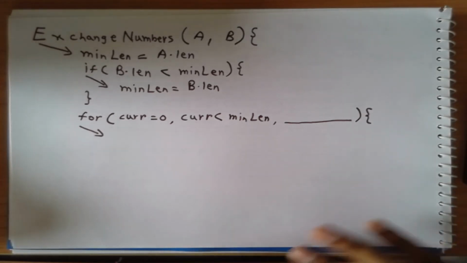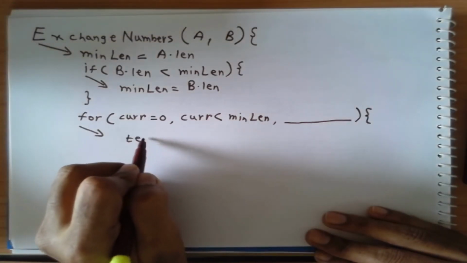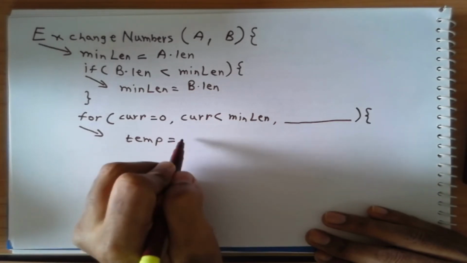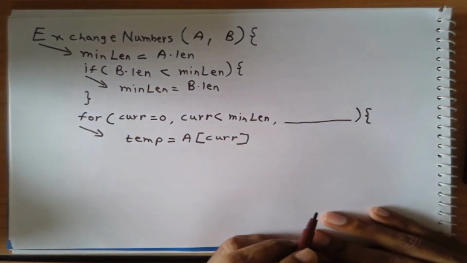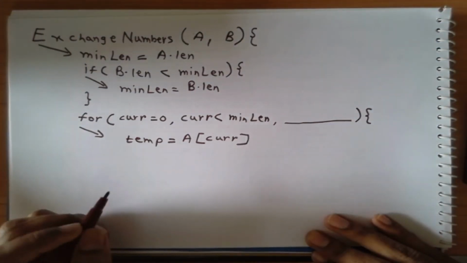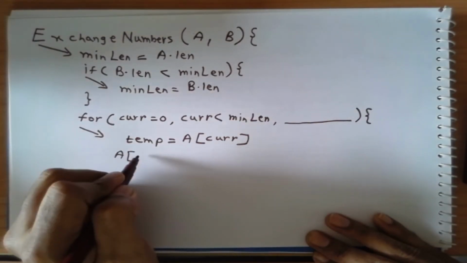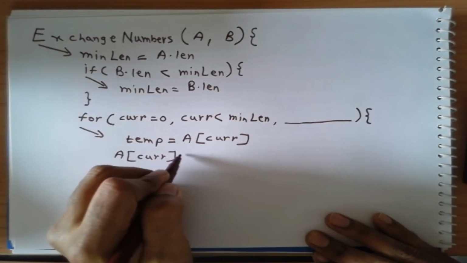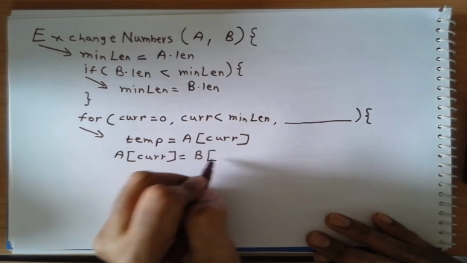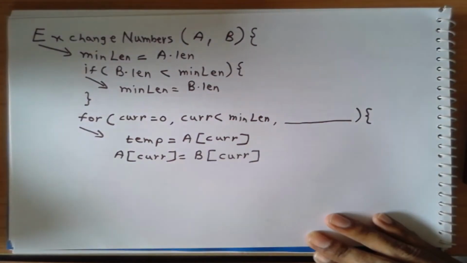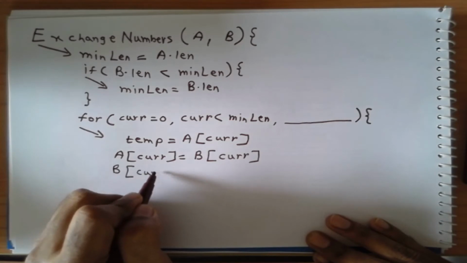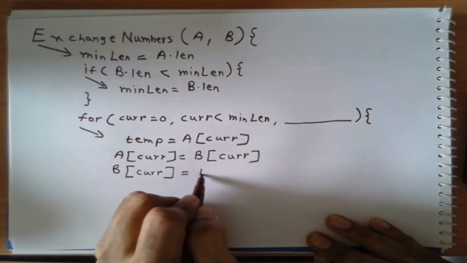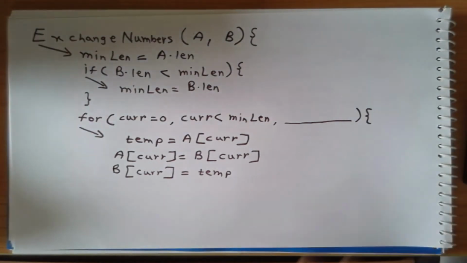So I would define a variable, let's call it temp, and within that I will copy the current element that we are accessing from A. Now I have copied that into the variable temp. So now in A I would copy the corresponding number from B. That's how I would swap the numbers. But now inside B, the current element, I have to put back the value from temp. And that's all that I have to do.